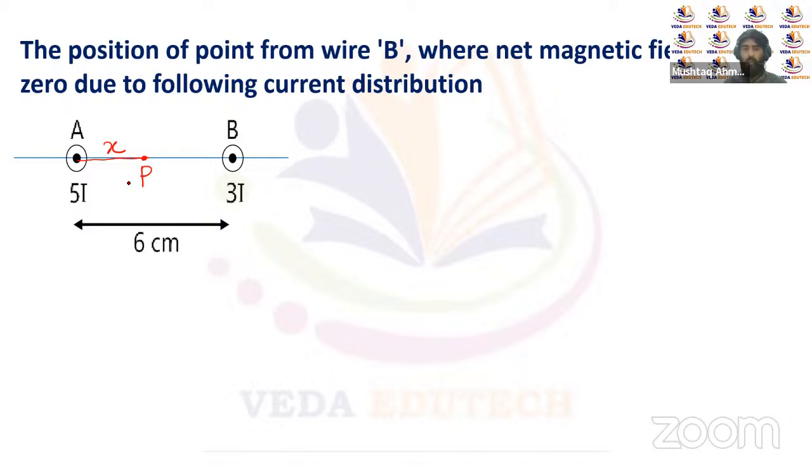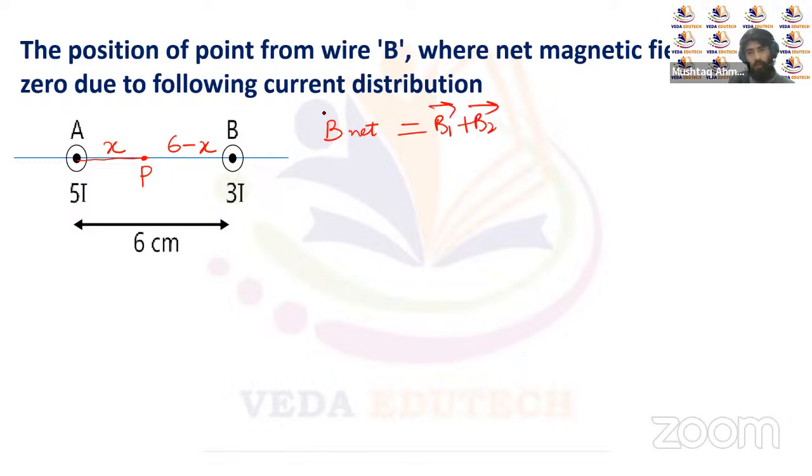So let's find the point where the total magnitude of the magnetic field will be equal to 0. If this distance is x, then this distance will be 6 minus x. So the net magnetic field here, B net, will be equal to B1 plus B2.